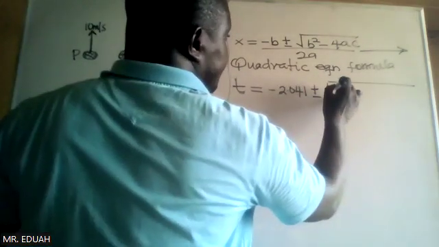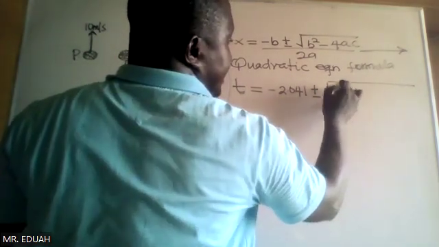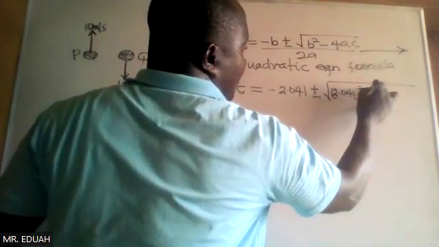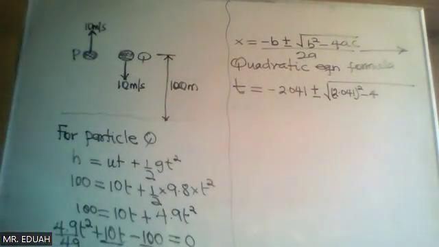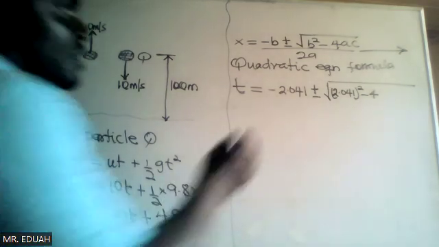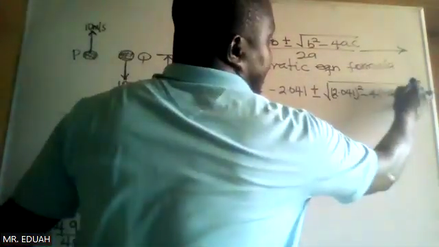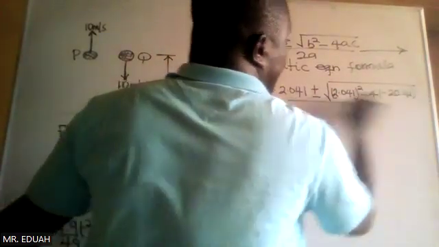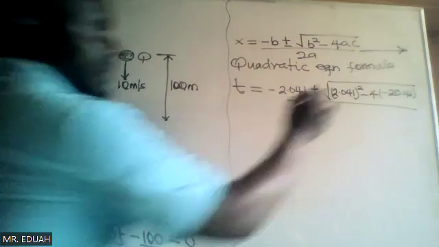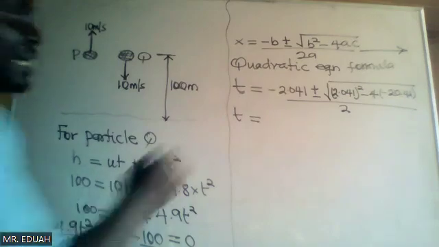So 2.041 squared minus 4 times A. What is A? A is 1. What is C? C is minus 20.41. Since A is 1, I won't bother with it, but I'll use it for C. Minus 20.41, all divided by 2A. But A is 1, so divide by 2. What is left is the use of calculator.